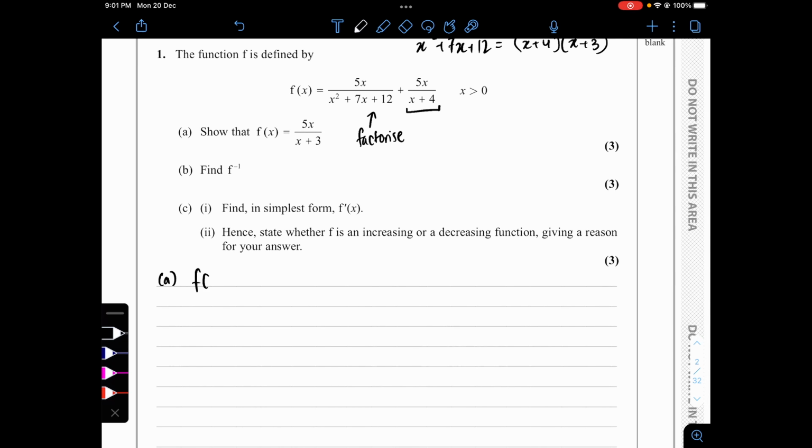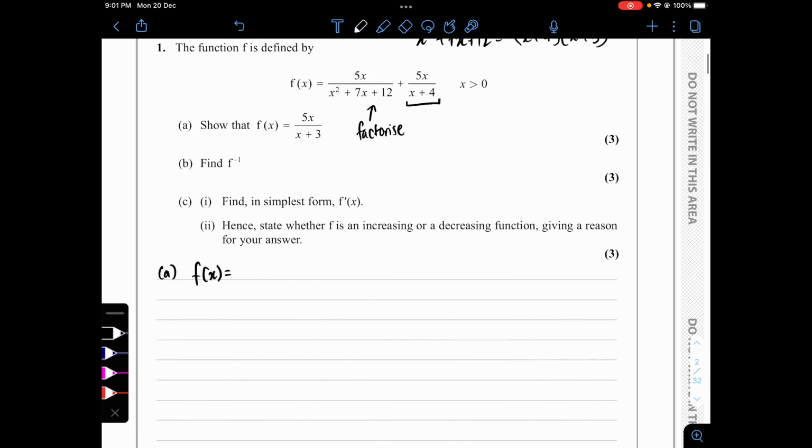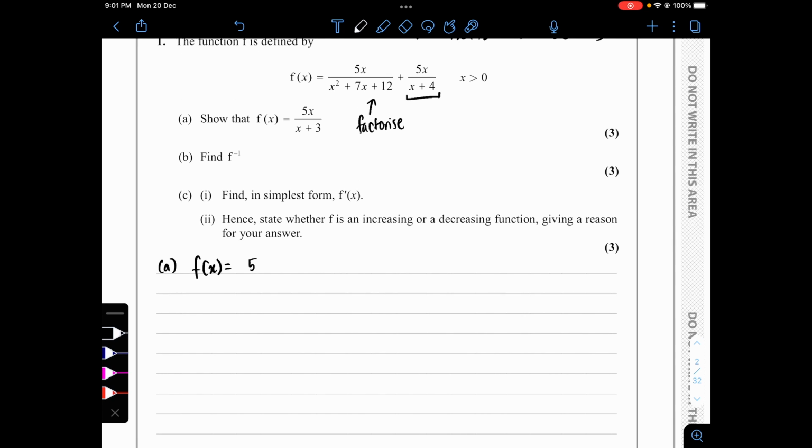So f of x equals 5x all over x plus 4 and x plus 3, plus 5x over x plus 4.